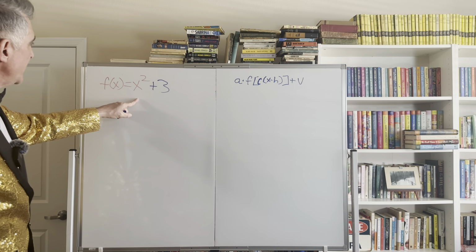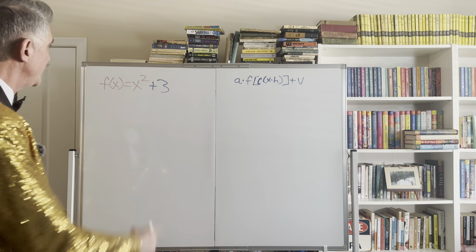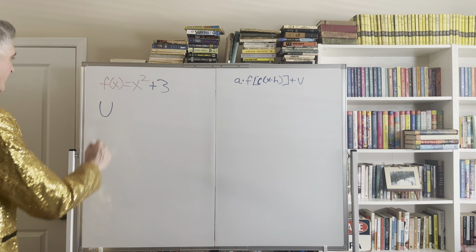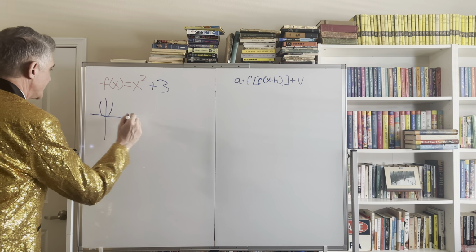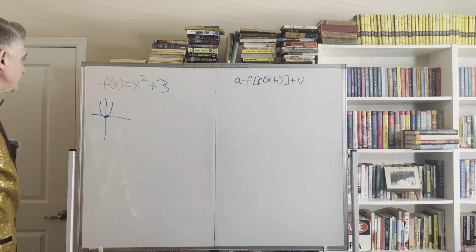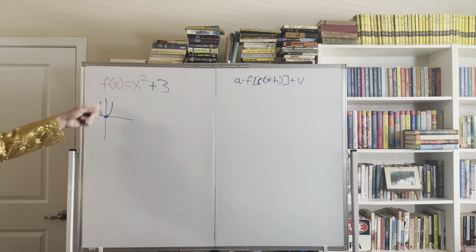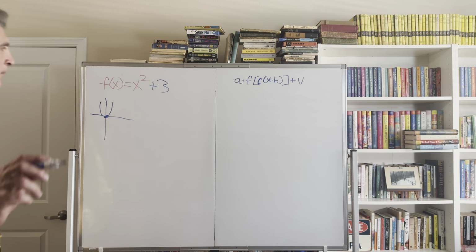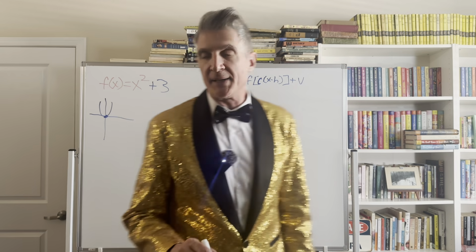Well, the parent function here, you and I talked about the shape that this produces is just a parabola. That's it. And on the x and y axis, its origin is right here, right? Y-axis, x-axis, and its center of origin is right there. Well, what we're going to do today is we're going to lift this up 3 units, producing us a new critical point, okay?